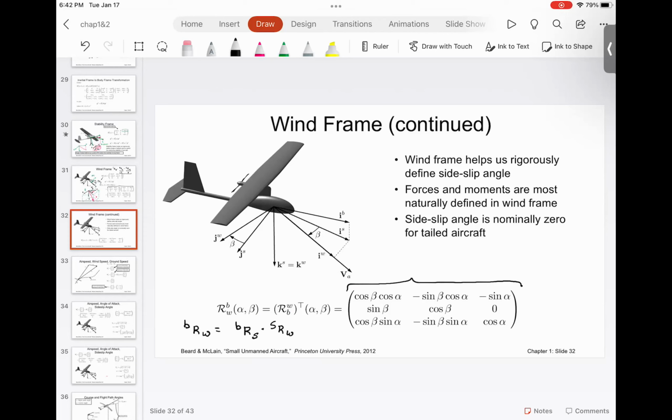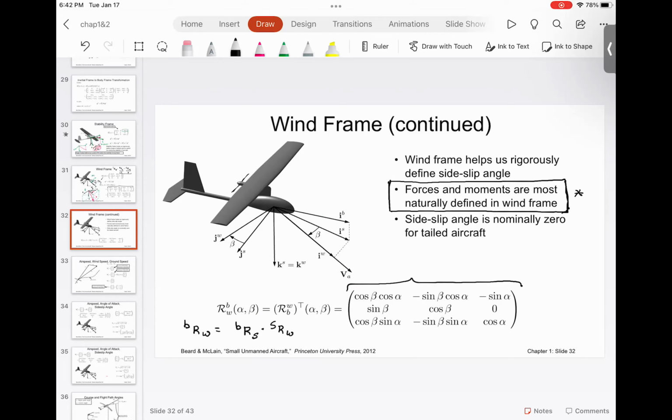So one thing I want you to understand is that typically forces or moments are most naturally defined in the wind frame. Why are they defined in the wind frame? Because the aerodynamic force is caused by the airspeed, and airspeed is expressed in the wind frame.